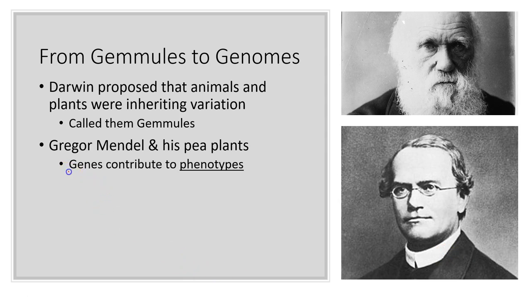So he figured out that there were genes, though he didn't know what these were at the time, but something within the cell contributes to the phenotype, which is the expression of a particular trait. These observable traits and characteristics he called a phenotype.